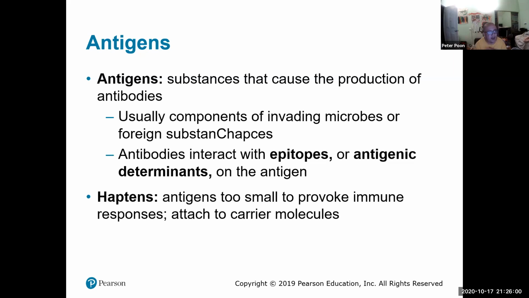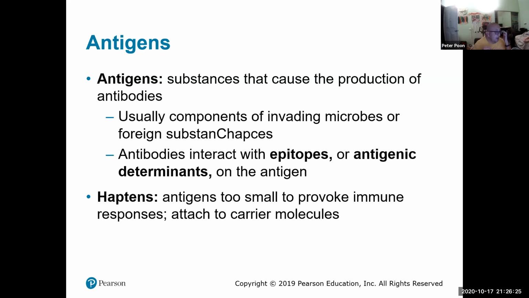It's usually components of invading microbes or foreign substances. And it could be anything. It could be COVID-19, it could be flu virus, it could be pollen, it could be cat hair, it could be shrimp, anything that generates an antibody response.